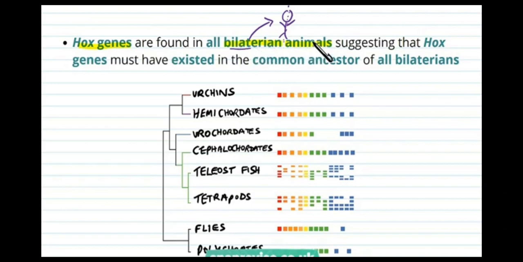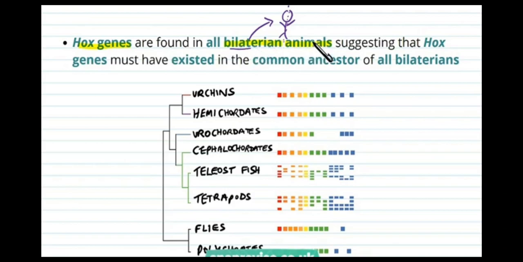The Hox genes are found in all bilateral animals. Bilateral animals means all those animals which can be divided into two equal halves when they are cut from the anterior to posterior end. That is, when they are cut vertically, we get the right half and the left half, or right side and left side.